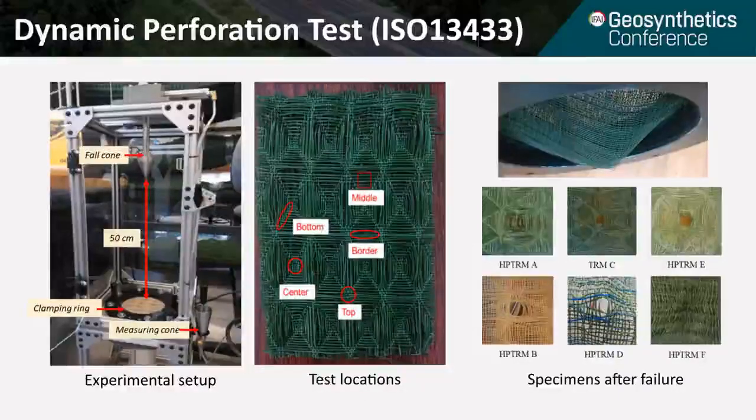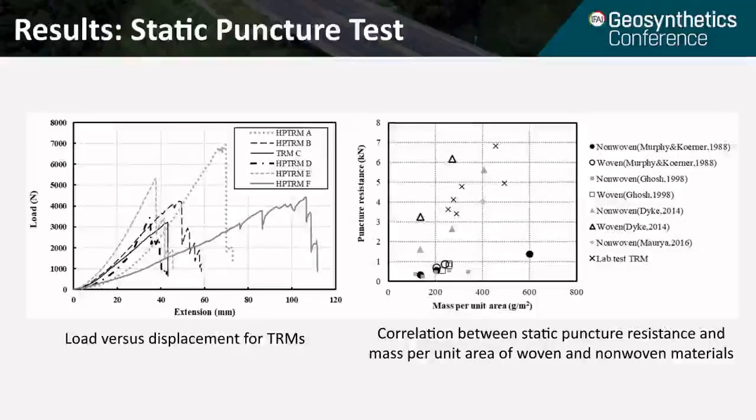The photo in the middle shows the test locations for the TRMs that have similar weave structure. The pictures on the right are the specimens after the dynamic perforation test. The load displacement curves of the static puncture test results are presented in the figure on the left.